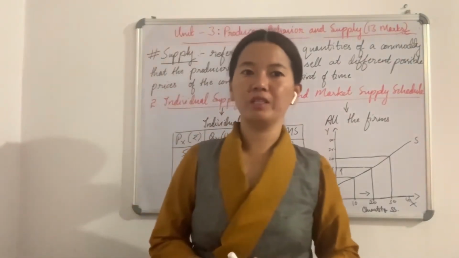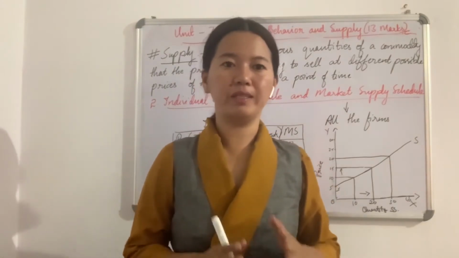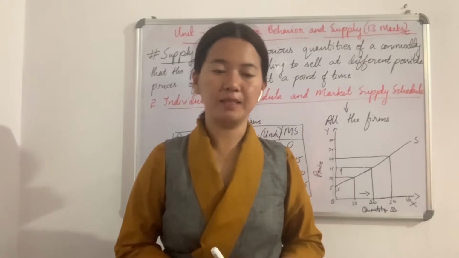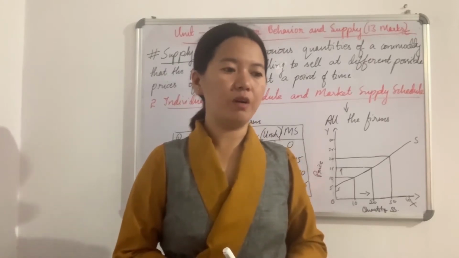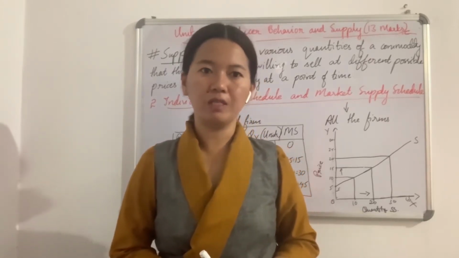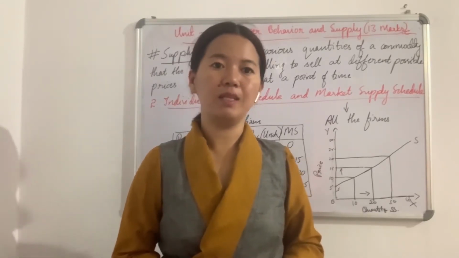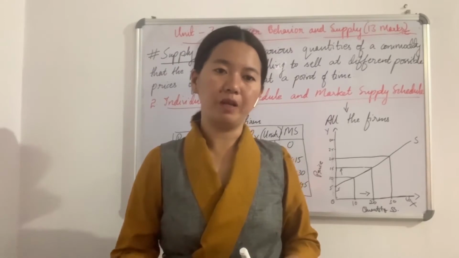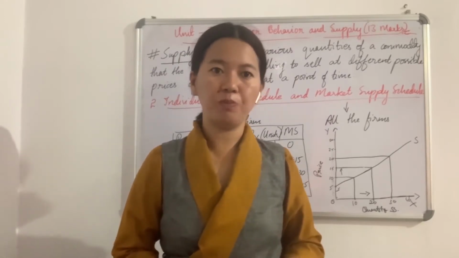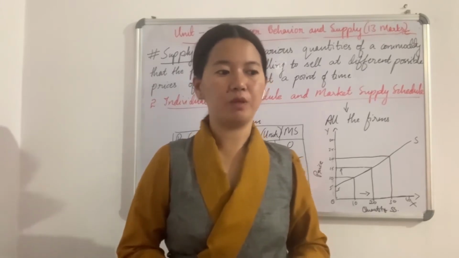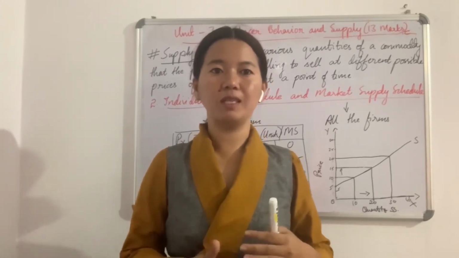And we should not get confused between the stock and the supply concept. Let us take an example. If a firm has 500 tons of wheat with him, and he is ready to sell 10 tons in the market for rupees 500 per ton, then those 10 tons are called supply because that is the amount he is ready to sell in the market.